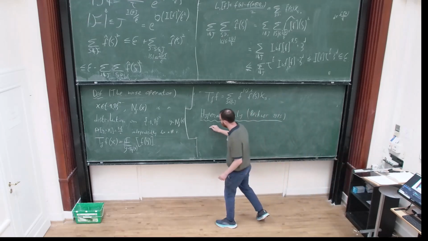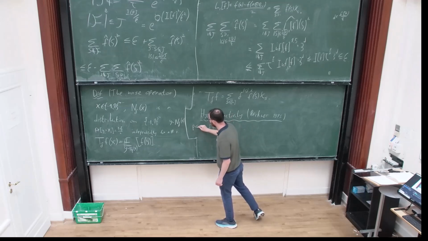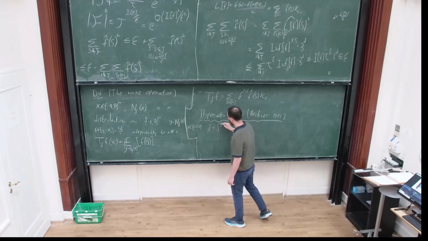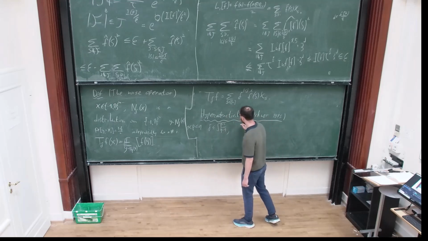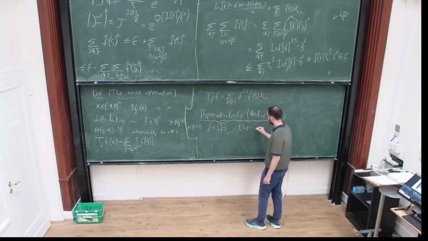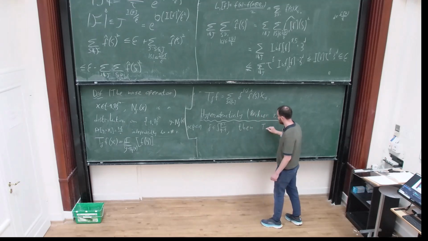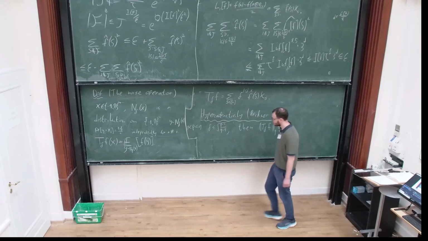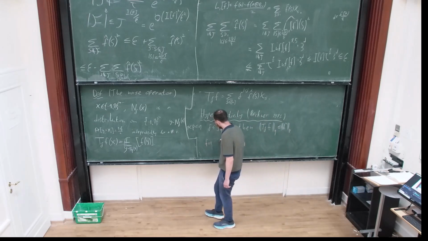So it says that if q is more than 1, and delta is at most the square root of 1 over q minus 1, then the q-norm of T_delta f is at most the 2-norm of f, for every function.